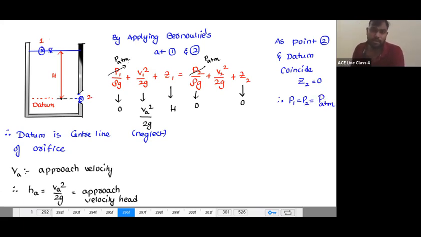So when it is atmospheric pressure, the gauge pressure is going to be 0. You know these things from earlier. So gauge pressure is equal to 0.